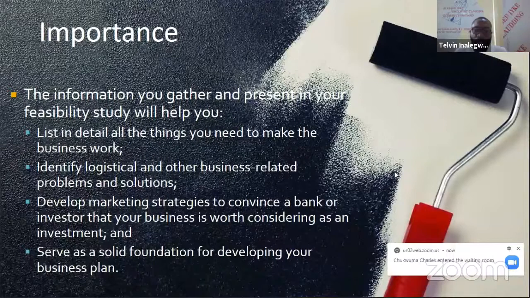Before you begin writing your feasibility study, you have to identify how, where, and to whom you intend to sell a service or product. They may know about where, and they may also know about how, but to whom is quite a problem.